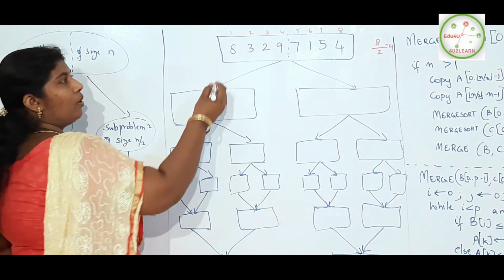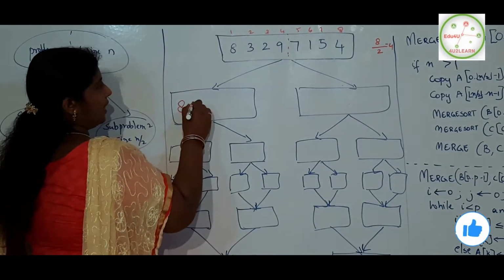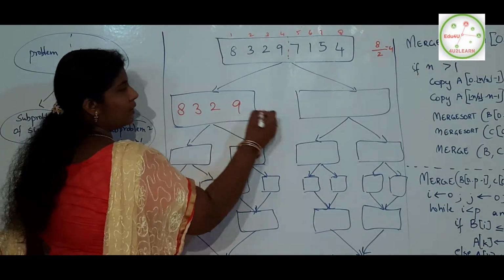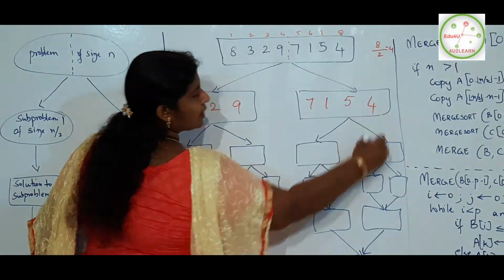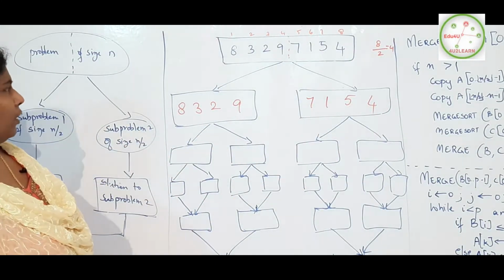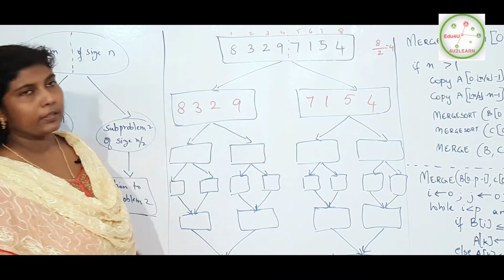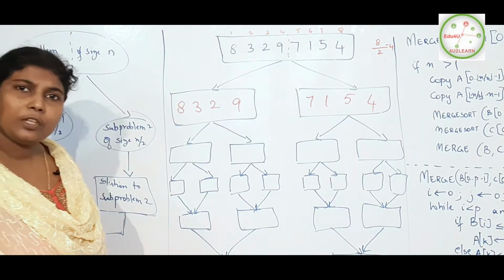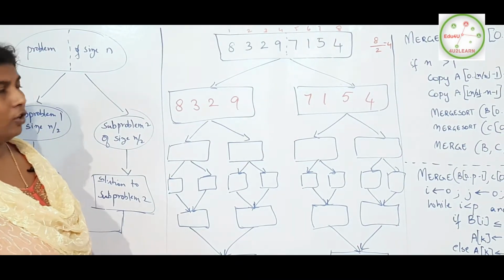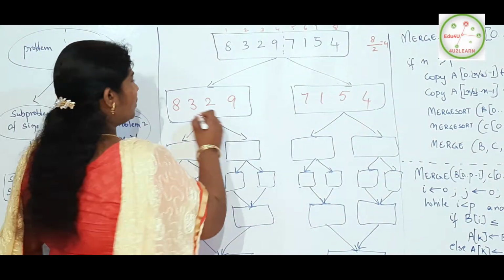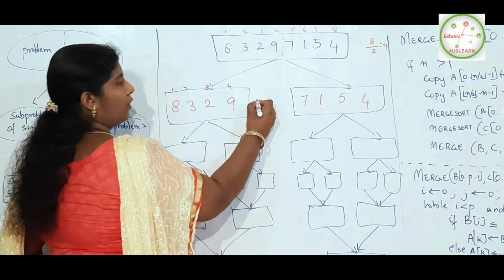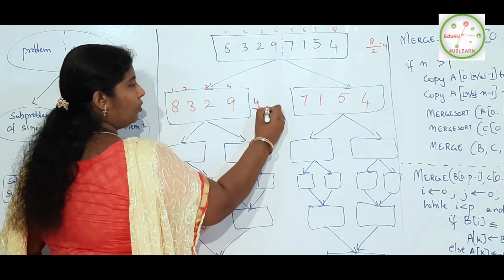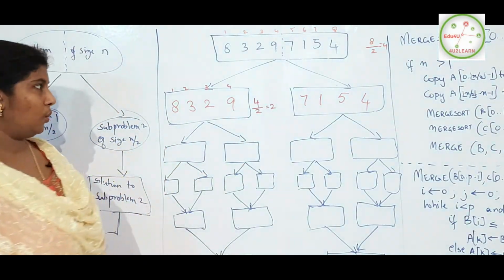Okay, so now what happens? These elements become sub-problem 1. This part becomes sub-problem 2. Now this is also a bigger set which can be subdivided into smaller ones. How many elements are here? 1, 2, 3, 4. So 4 divided by 2 is going to be 2.